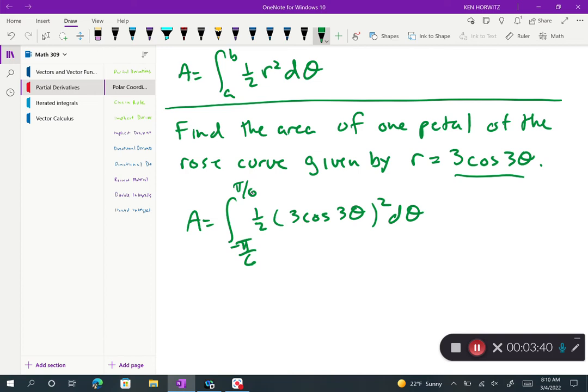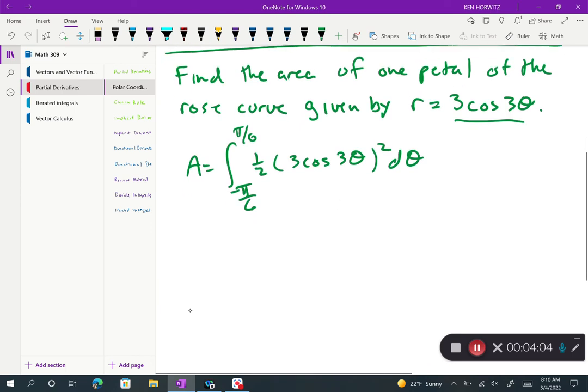And I would get this by making an r theta chart and start plugging in values. You'll notice that if you plug in negative pi over 6 right into your r theta chart, you would get 0, and pi over 6 you would also get 0 with points in between. So we have our problem set up.